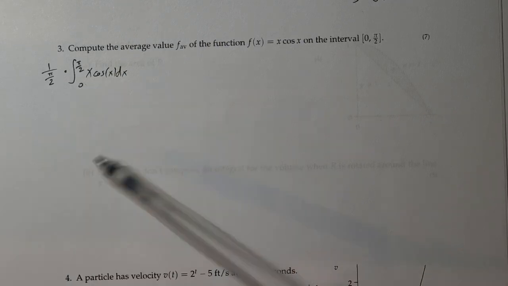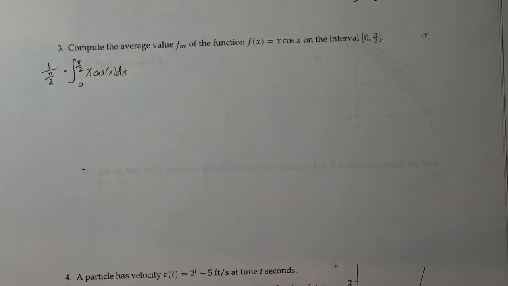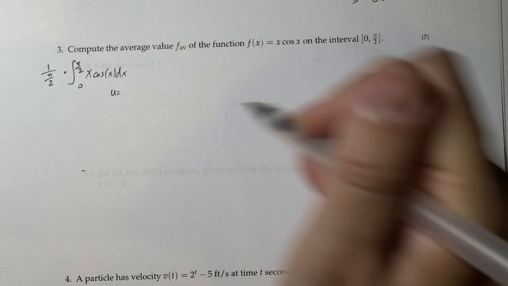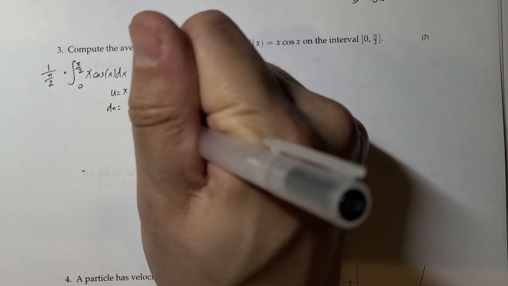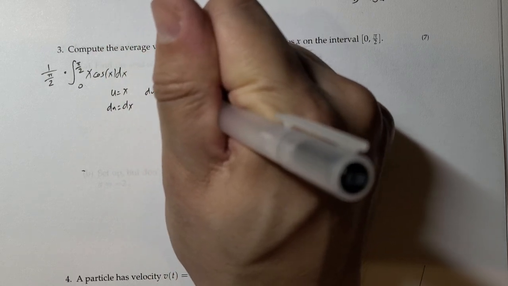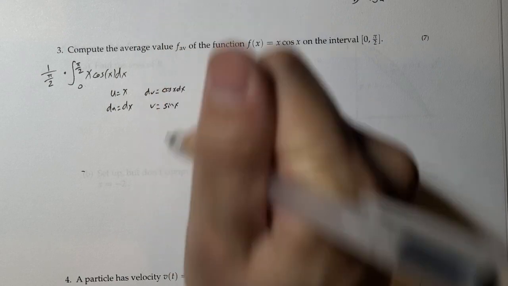This integral, how do we solve it? This should be quite obvious. It's integration by parts. So we let u be x, du would be dx, dv is cosine x dx, and v would be sine x.